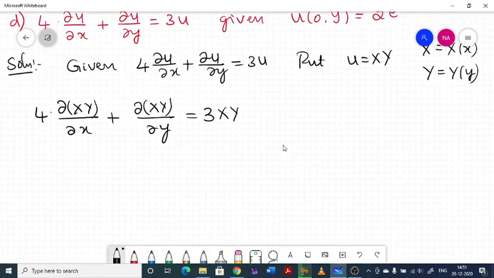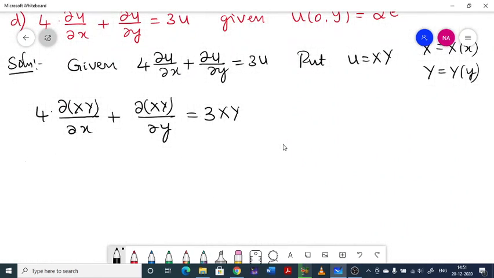Now this will be 4 into capital Y into d capital X by d small x plus capital X into d capital Y by d small y equal to 3XY.